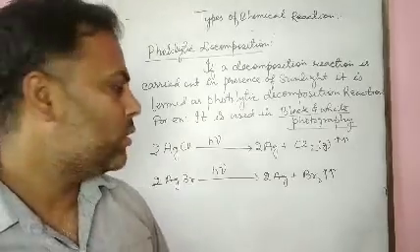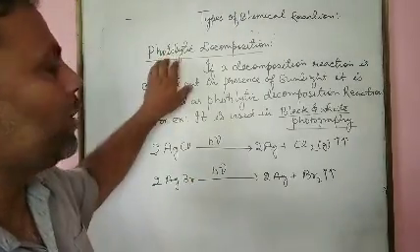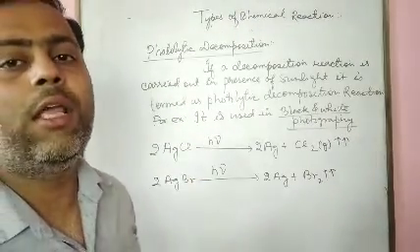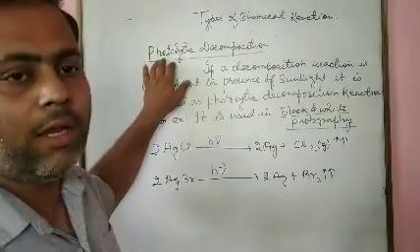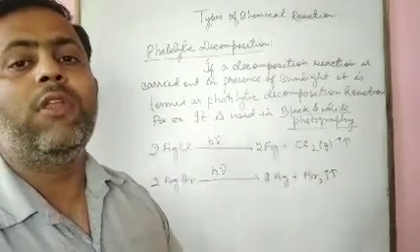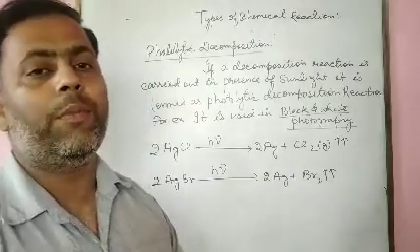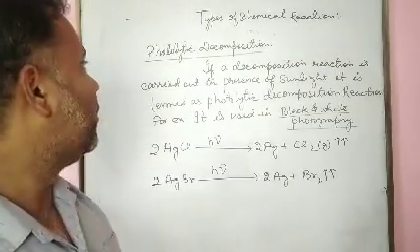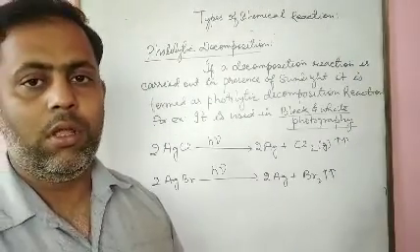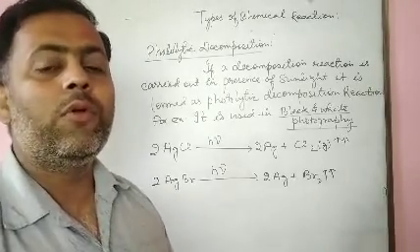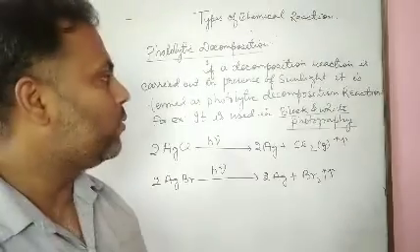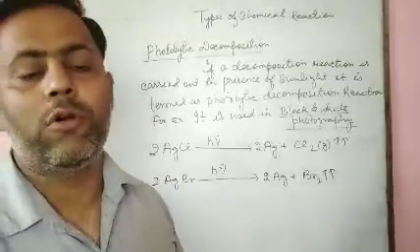What we see here in photolytic decomposition reaction, as the name indicates, photo means light, lytic means decomposition. If the decomposition reaction is carried out in the presence of sunlight, it is termed photolytic decomposition. Important is that photolytic decomposition reaction is carried out in black and white photography.